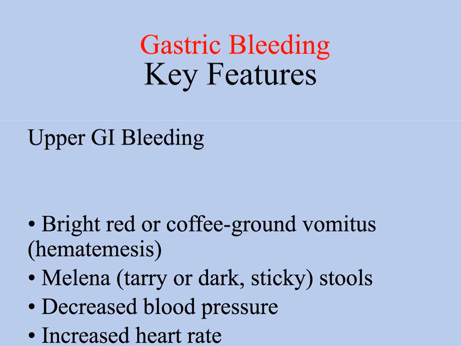The decreased blood pressure and increased heart rate would indicate that the patient might be going into hypovolemic shock, which basically means that they've lost so much blood that now their body's trying to compensate for the loss of blood. So that's a very serious situation. So we typically want to try to identify this situation early and get the bleeding stopped, and to transfuse the patient with extra blood if they need it.